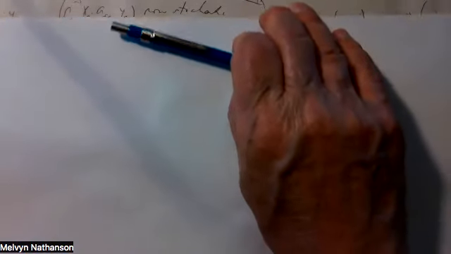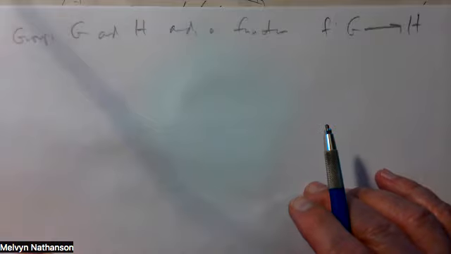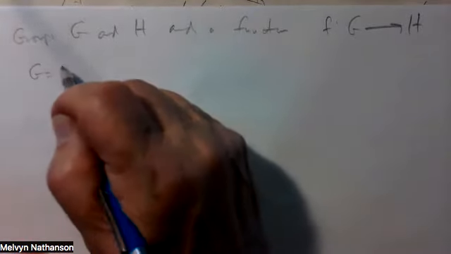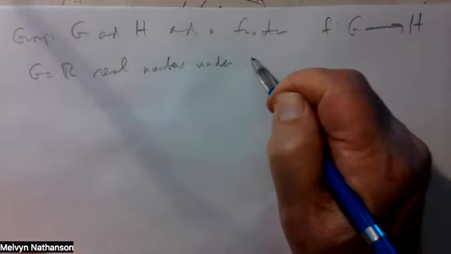Suppose you have two groups, G and H, and a function f from G to H. So for example, suppose we take G to be the real numbers under addition.